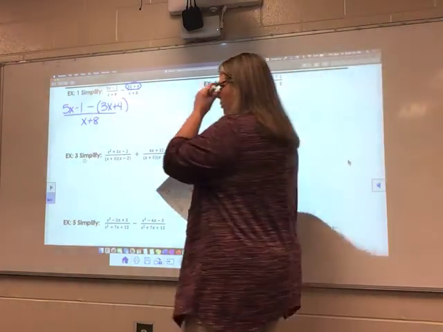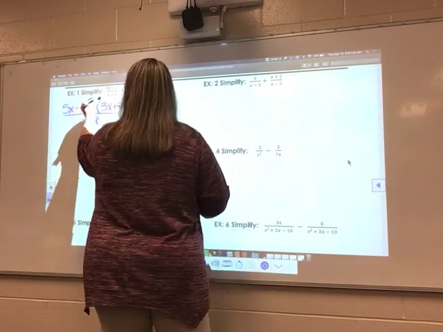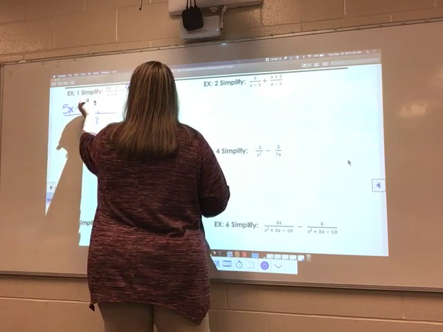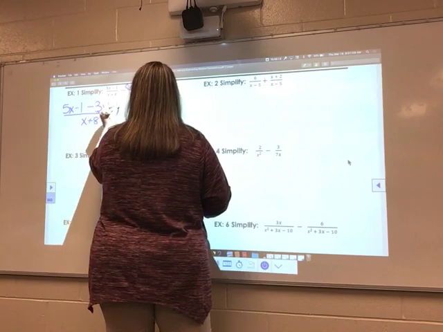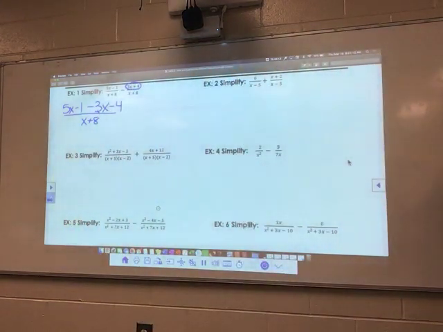When you get the hang of it, then you can definitely be lazy and forget some of these steps. All right, change this. So negative 3x, and then that 4 is also going to be negative. I distributed that negative through. I only did that because I don't have a lot of room.